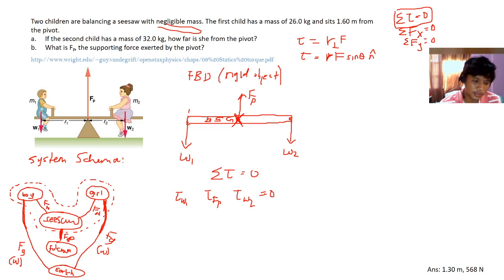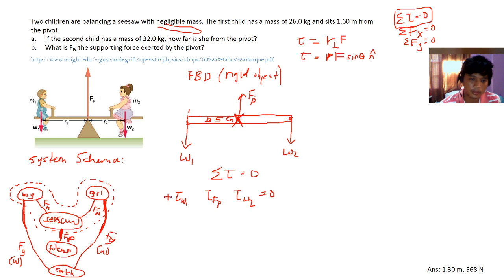So let's look at W1. Okay, W1 is actually producing a counterclockwise rotation. Like if no other force exists and only W1 exists, it will tend to cause, through the axis of rotation, this extended object to move counterclockwise.